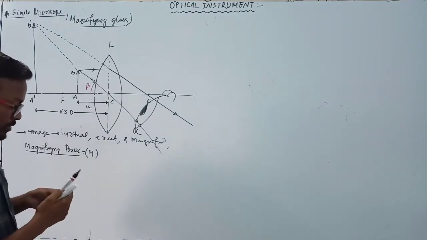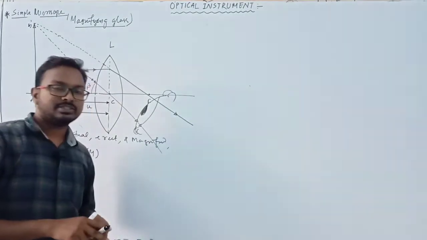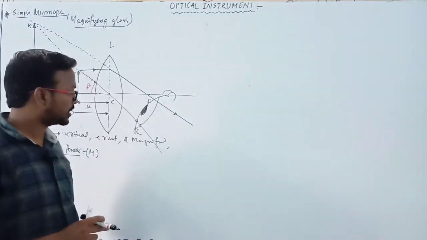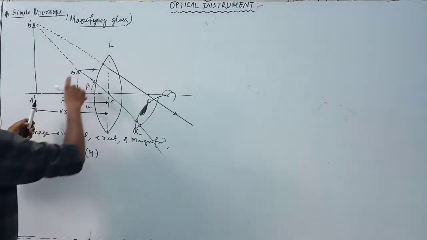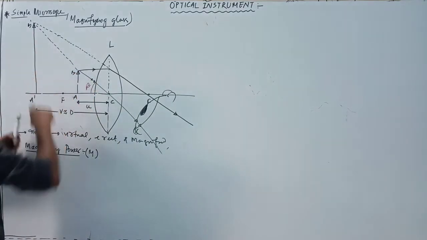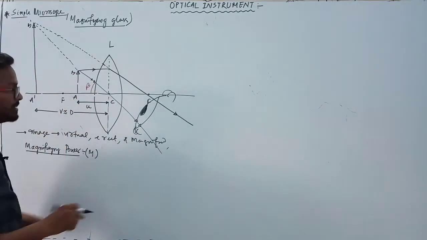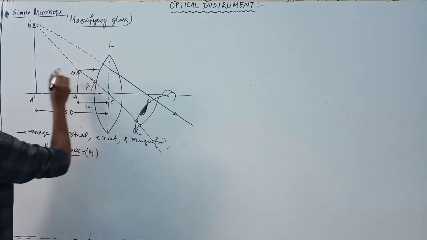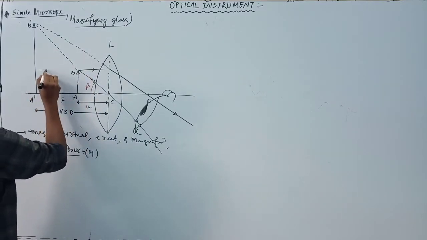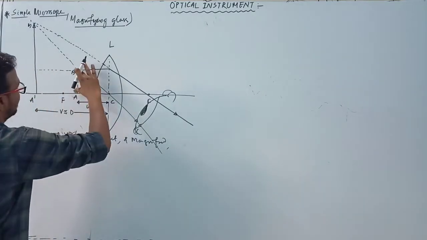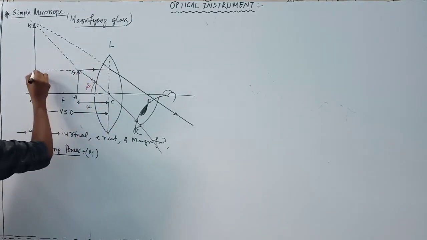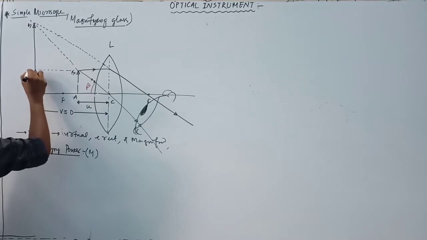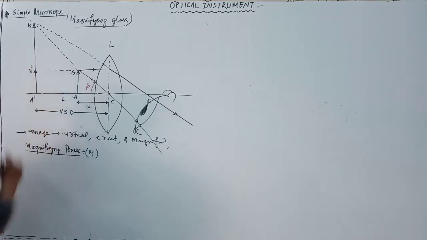First we have to observe one thing here to calculate magnifying power. We have to place the object and image at the same position for the calculation. That means this is object AB. We place it here, then here A dash and B dash.